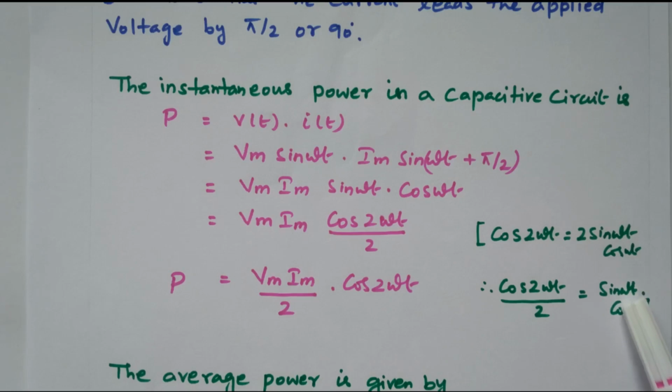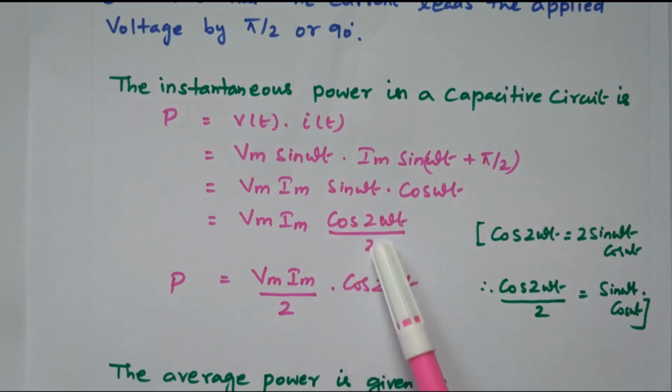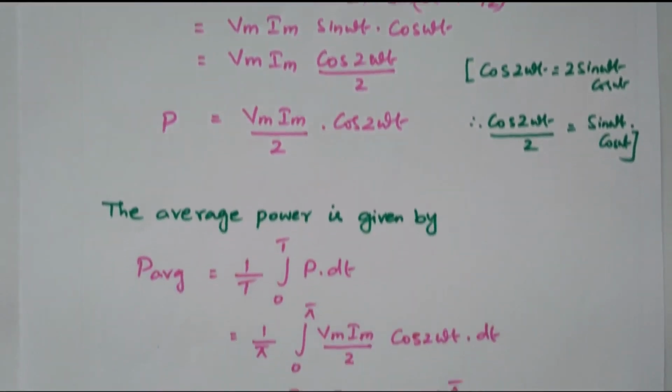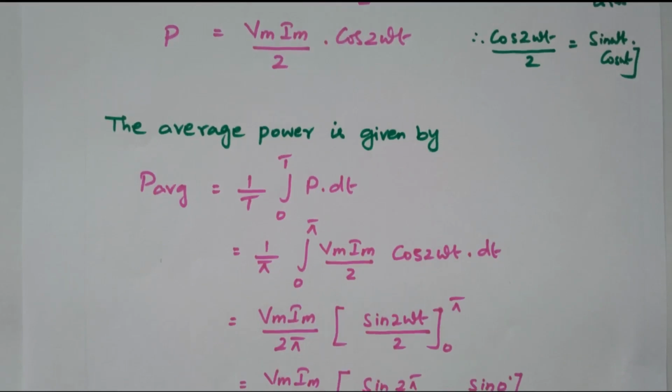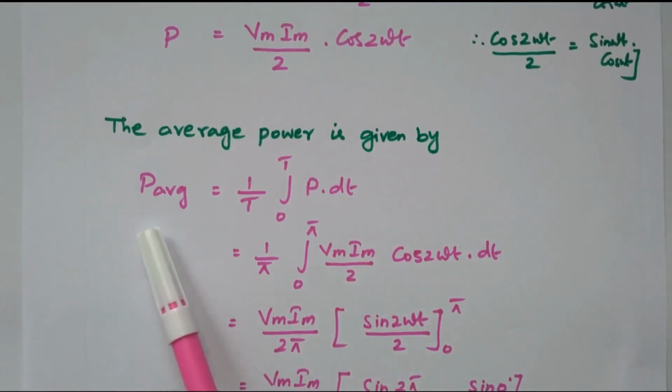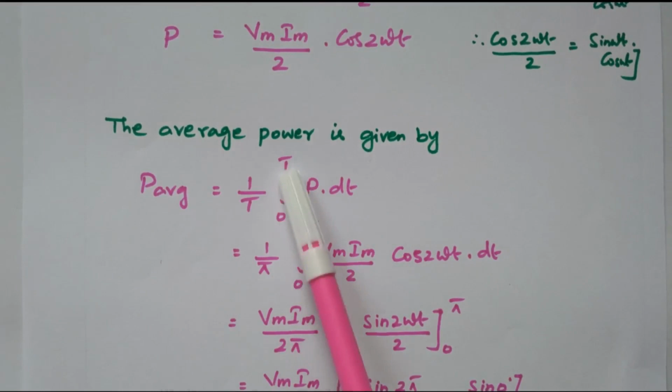Replacing it, P equal to Vm Im divided by 2 times sin 2 omega t. So this is the instantaneous power. From this we can calculate the average power. For the average, we need to integrate over the entire time period.